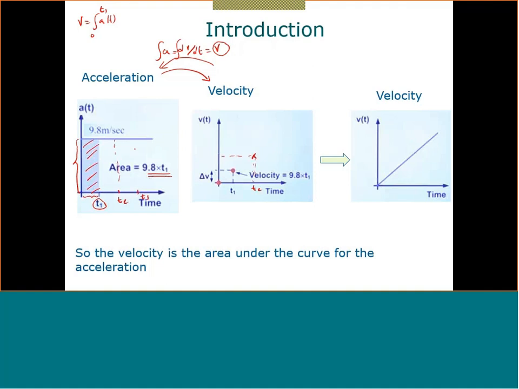Same thing, you will find a third area. If you connect the dots, we will have this. And as we know from basic physics, constant acceleration means the velocity is linearly increasing.